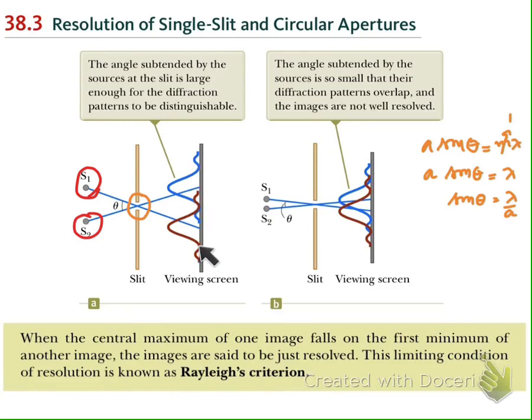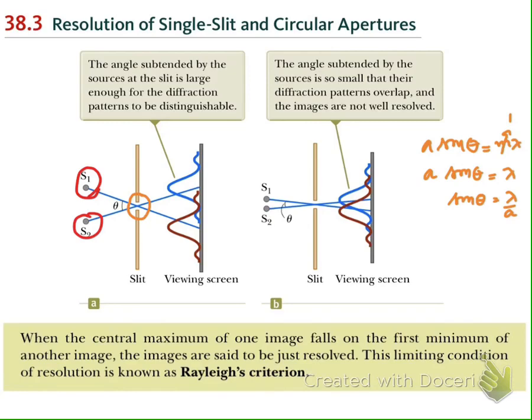In this case, it's on our eye. If this diffraction pattern is too large, the images of these two objects will merge together, and you may see only a single object, but in fact it comes from different objects. This is a problem for every optical instrument.